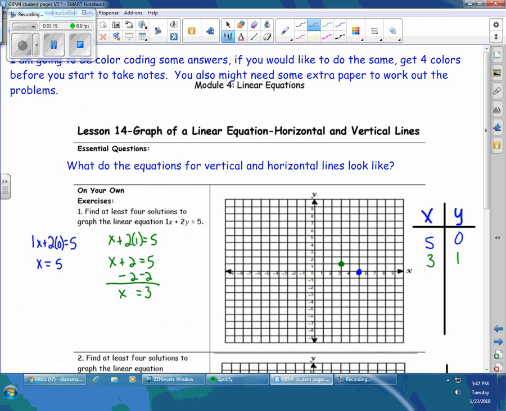Next I'm going to set y equal to 2, and 2 times 2 is 4. So I'm going to subtract 4 from both sides, and x is going to equal 1. Okay. And last, I'm going to set y equal to 3.